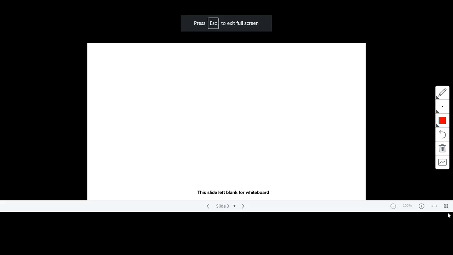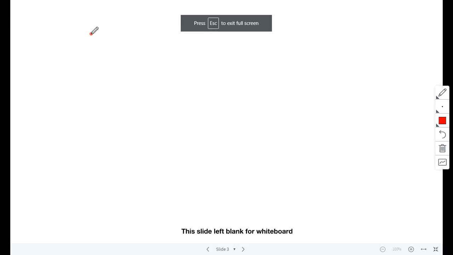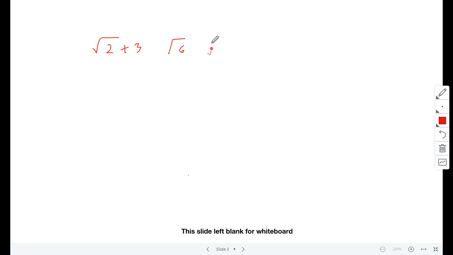So surds, if you see a root form anywhere, then it's basically a surd. That means suppose an expression is like this: root 2 plus 3 root 6, root 7 plus 9.